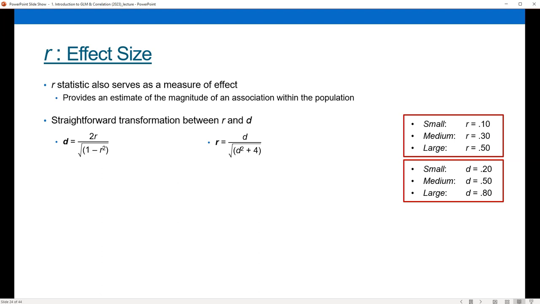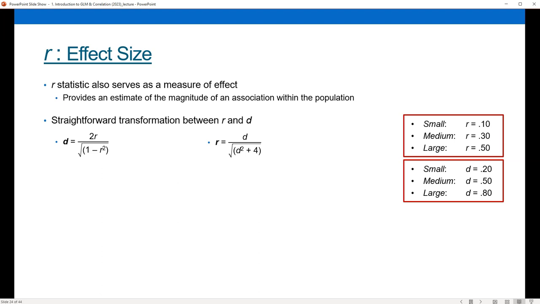If you want to talk about, and oftentimes you will, if we're looking at the relation between two continuous variables, r is just a nice way to talk about this because we can talk about the association between X and Y, right? There looks to be a medium to large magnitude association between X and Y based on our estimates in these data, right?